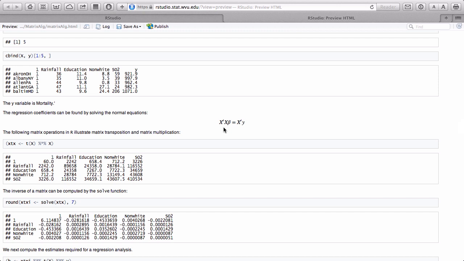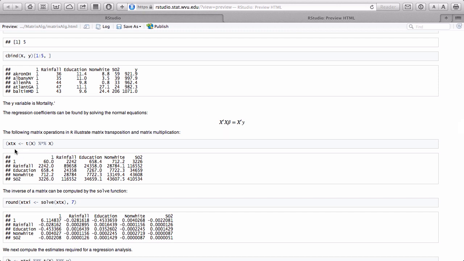It turns out that if you substitute QR into that equation for x, you can actually solve the system of equations much more easily. And so R uses this QR decomposition, and I'll talk about that briefly. That's the one topic in terms of matrix decompositions that's fairly relevant to this course.